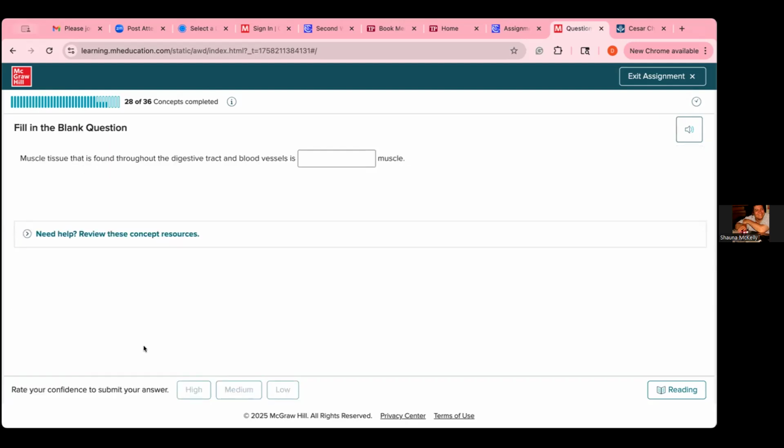Muscle tissue that is found throughout the digestive tract and blood vessels.